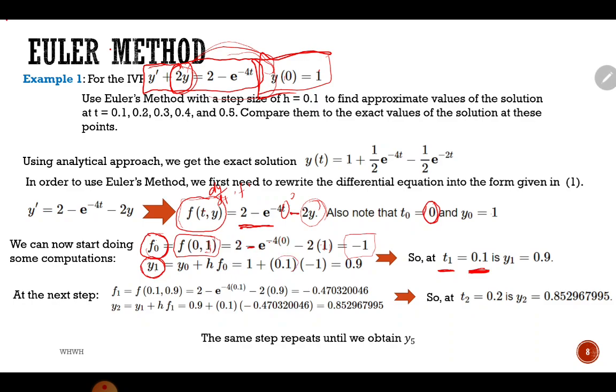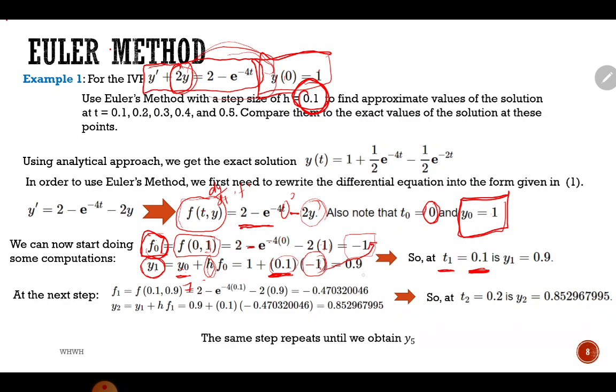Okay, ni nampak? We have 0.1 kat sini. So here y0, kita punya y0 tadi adalah equals to 1. So 1 tambah dengan h kita. Okay, the gap is equals to 0.1. So here 0.1 and our f0, kita guna yang kita kira tadi, f0 is negative 1.